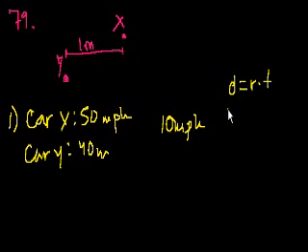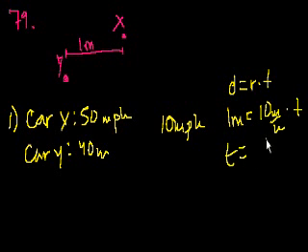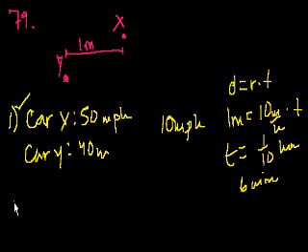So if the distance you want is 1 mile, and your rate is 10 miles per hour, what's the time going to be? Time is going to be 1/10 of an hour, or 6 minutes. So that's the answer for number 1: 1 alone is sufficient. Let's see what they give us for number 2.